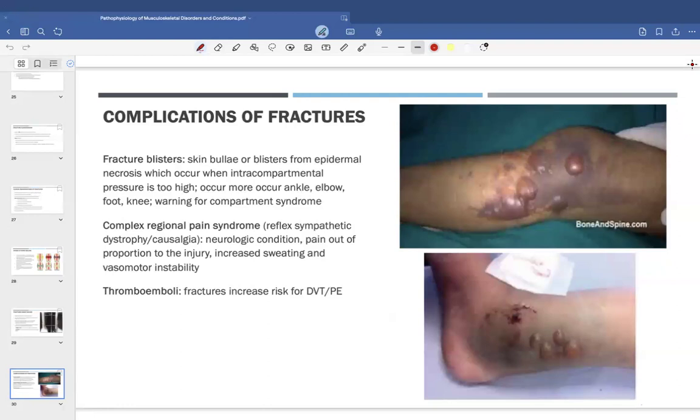Okay, so if you have so much edema in the region of your fracture or anywhere distal to it, the pressures get so high in those compartments that they will compress the blood vessels.